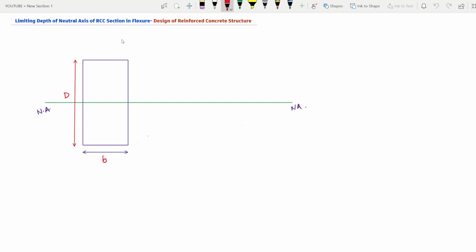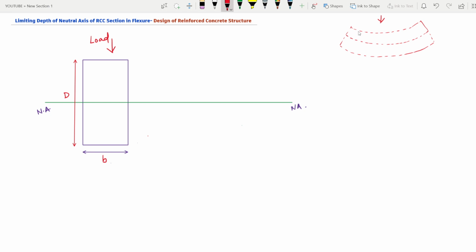Now what we know is that whenever we apply any load on the beam, the beam will bend. As it is in flexure, suppose it will bend like this. If we consider the beam like this, the load is applied here, and the beam will bend like this.